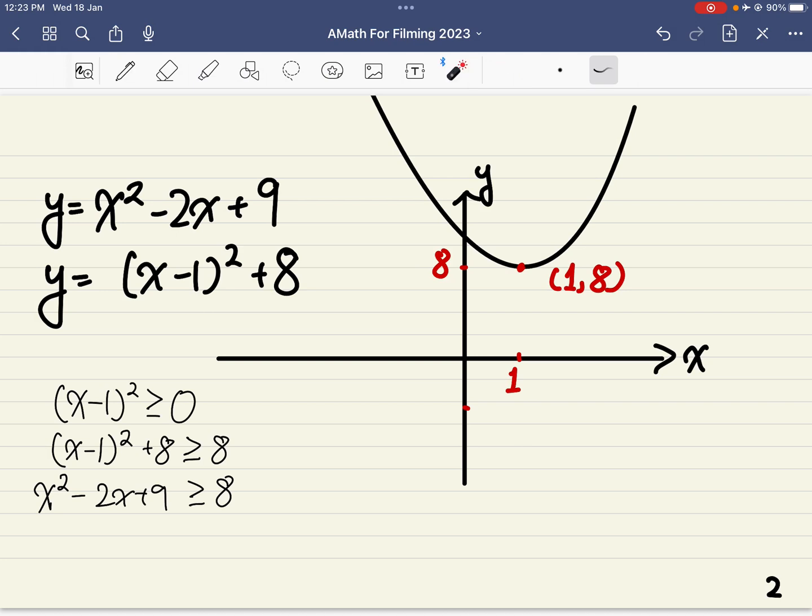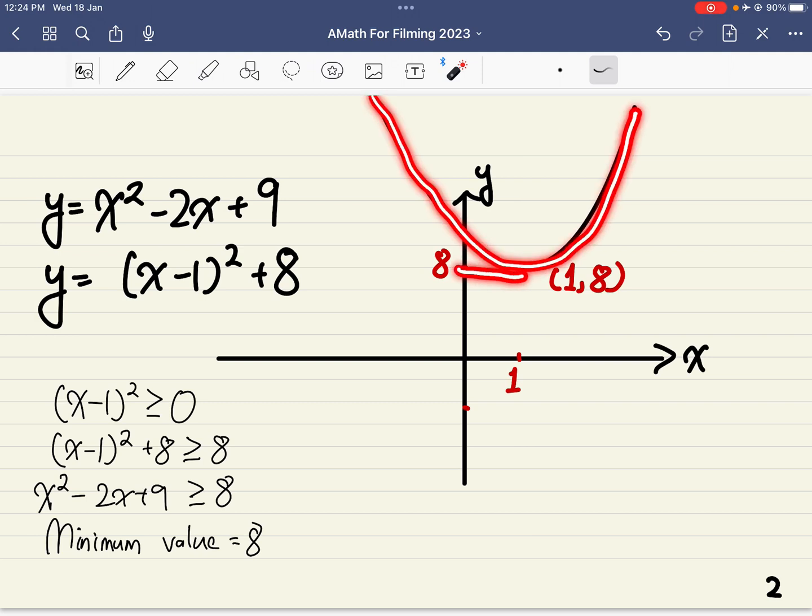So once again, this graph will have a minimum value. So the minimum value is equal to 8. If you look at this graph itself, you notice that if I were to draw the graph, you can use graph sketching software. But if not, you will see that for this graph, the lowest y value it can go to is 8, and it occurs at my x value of 1.